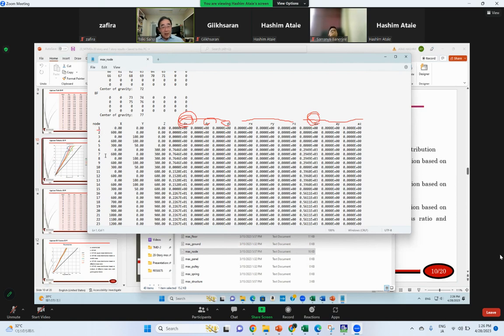So if you check main building, maybe this is main building. But this is I don't know. This is PMD. This is the top PMD. So if you check 66 or 67, you can get the deformation of the main building.